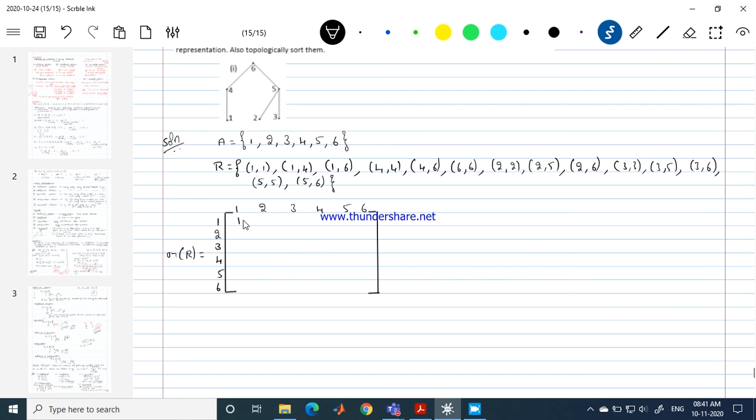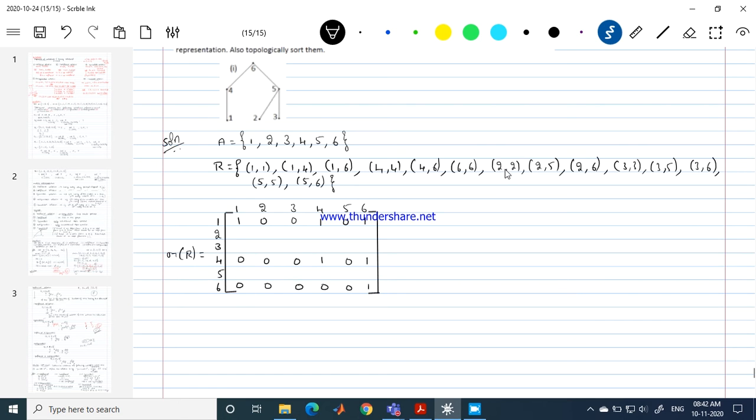So (1, 1) is present, (1, 4) is present, (1, 6) is present. So these 3 are absent. Next, starting with 4, only (4, 4) and (4, 6) are present. So these elements have to be zeros. Next 6: only (6, 6) is present. The remaining entries are zeros.